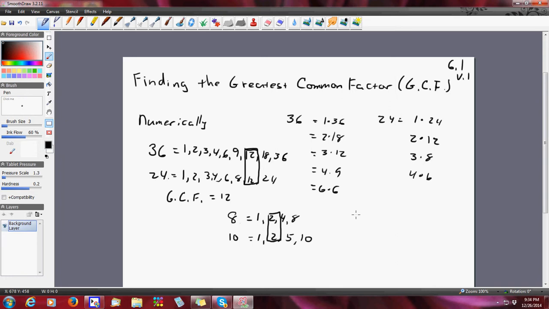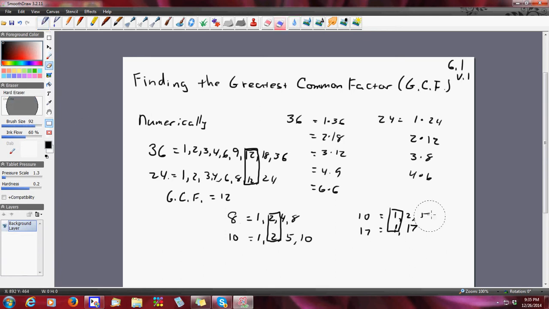Let's say you had 10 and 17. Well, 10 is 1, 2, 5, and 10, and 17 is 1 and 17. So their greatest common factor is 1. That's because 17 is a prime number. Alright, so I hope that makes sense.